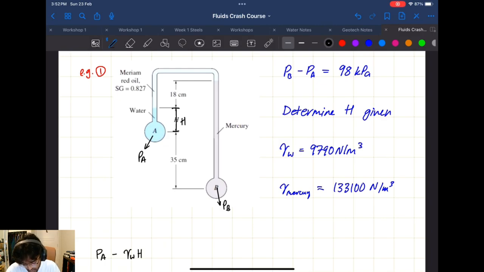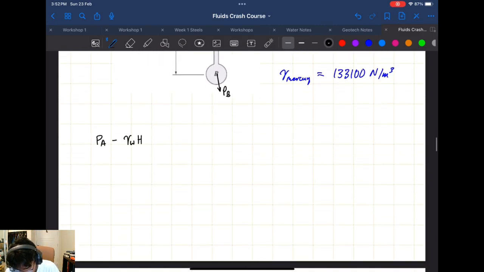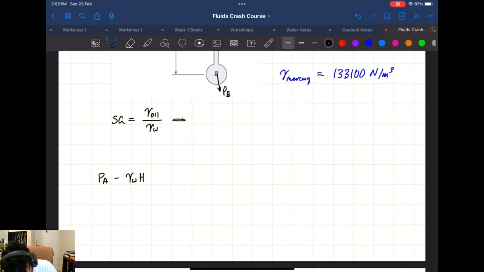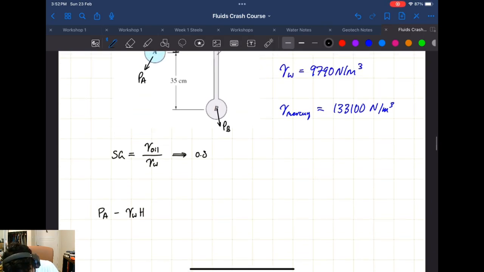Next, we're going to have to take a look at the oil. First thing I should have done is convert this SG into a unit weight. So the unit weight of the oil divided by the unit weight of water: they've given us that 0.827 is equal to the unit weight of oil divided by 9790.